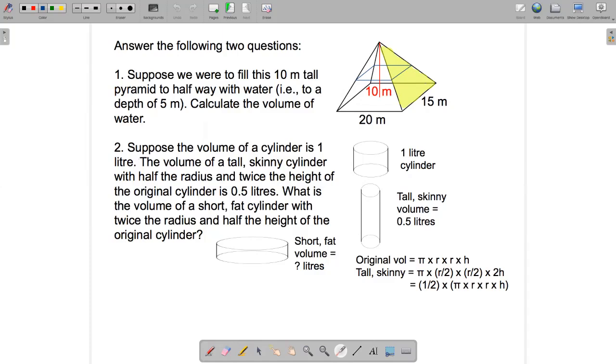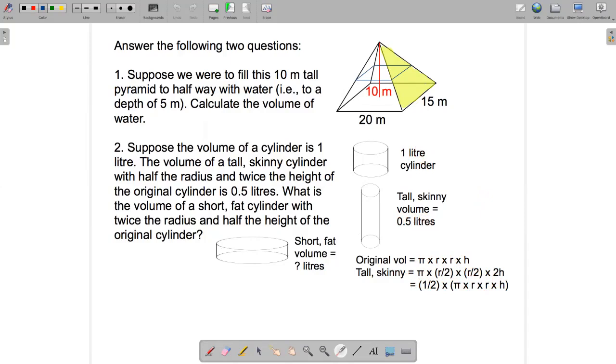It's the same as a half. So if I pull the numbers out, I'm going to have a half, and then I'm going to have left pi times r times r times h. But I know what pi times r times r times h is. It's the original volume. And I know the original volume, it was 1 liter. So the tall skinny volume is a half times 1 liter. In other words, the tall skinny volume is half a liter.